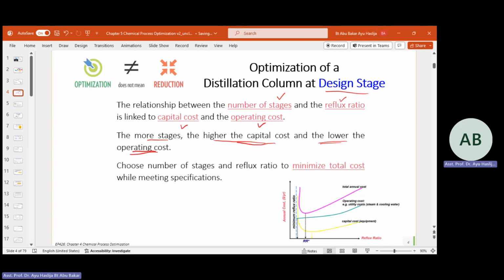How does it affect? How do they correlate?